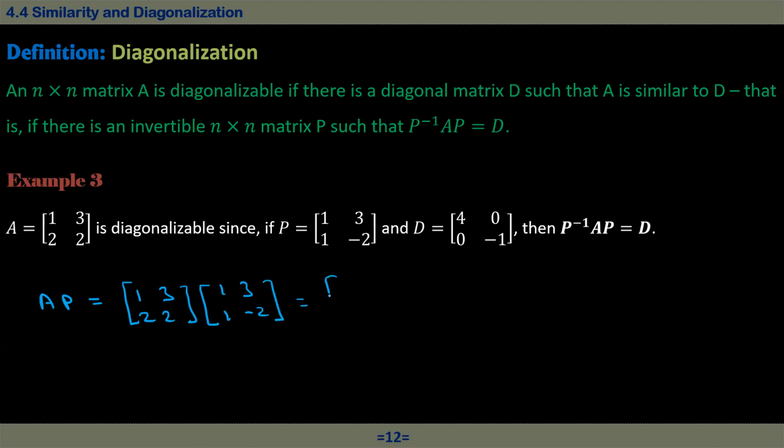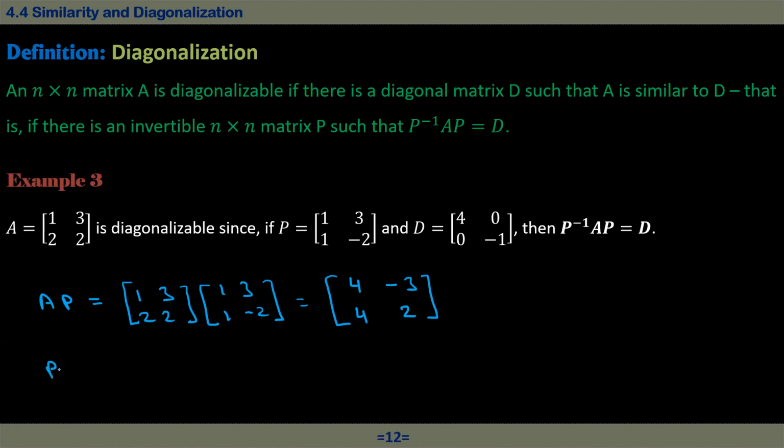That is equal to 1 plus 3, that's 4. Then 3 minus 6, 3 times 1 is 3, and 3 times minus 2 is minus 6, 3 plus minus 6, that is minus 3. Here we have 2 plus 2, that's equal to 4. 2 times 3 is 6, 2 times negative 2 is negative 4, so here we have 2.